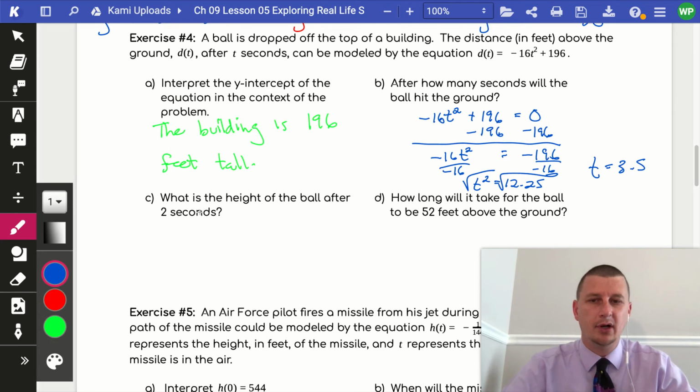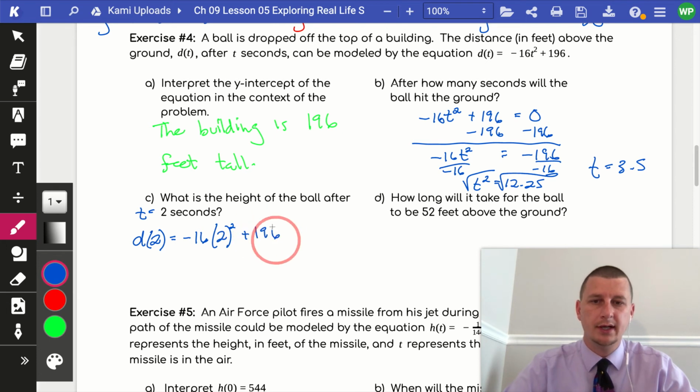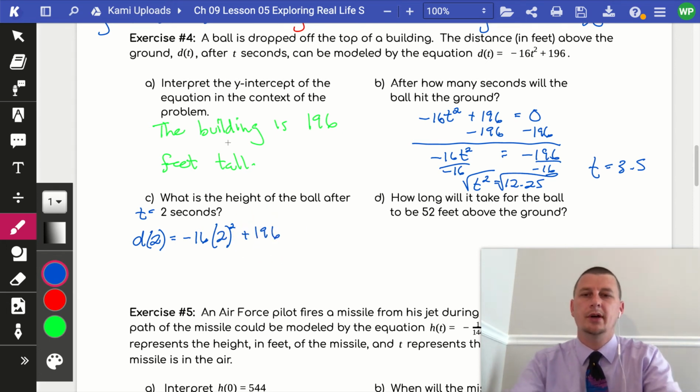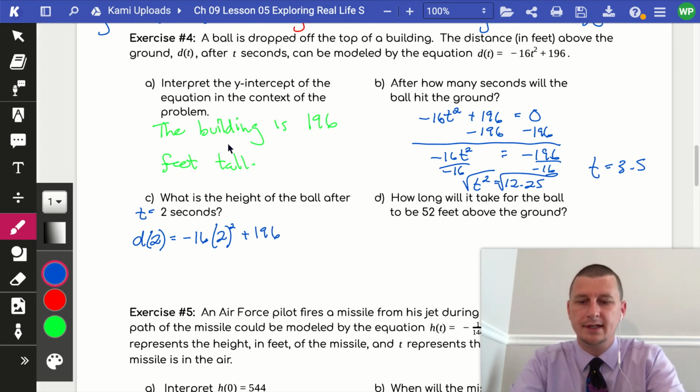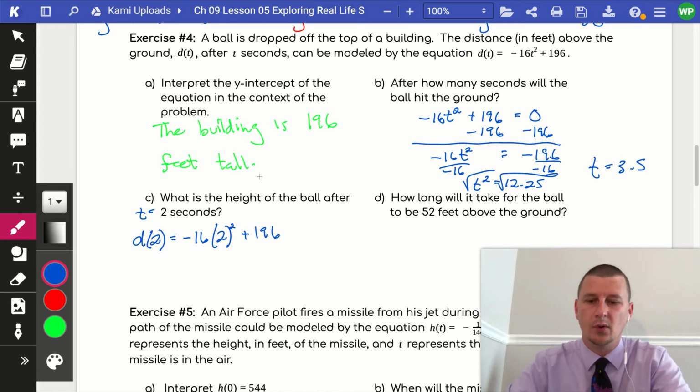What is the height of the ball after 2 seconds? Well, using a similar approach, now we know that t is equal to 2. So we're going to substitute 2 in for t. We're going to look for d of 2, and that's going to be negative 16 times 2 squared plus 196. We know that 2 squared is 4. 4 times negative 16 is going to be negative 64.